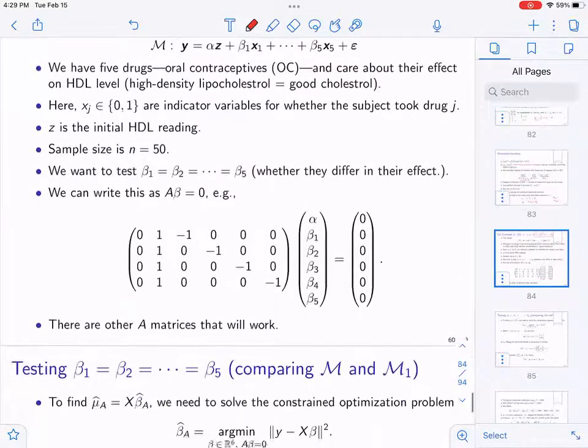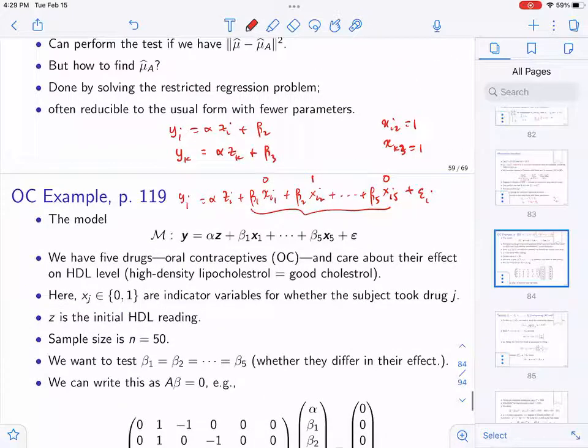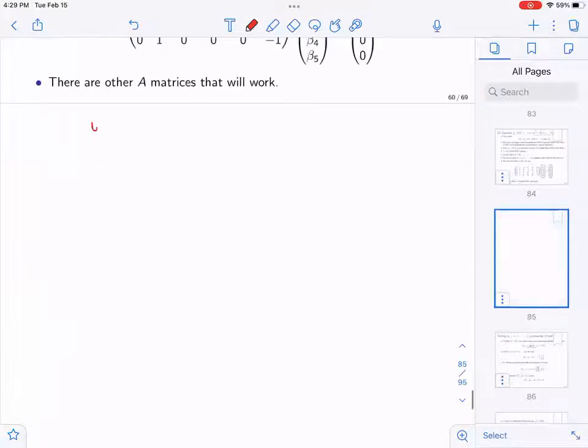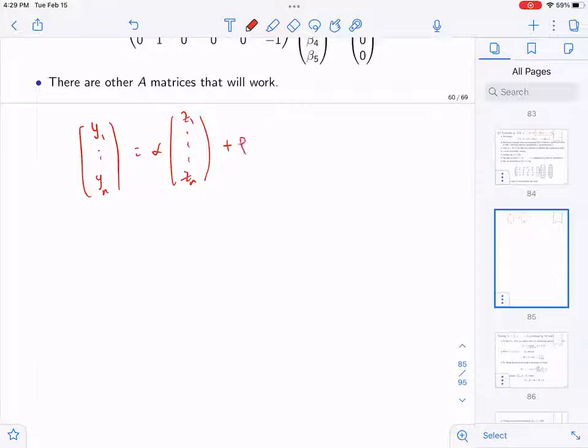So once you write this down, you have y1 up to yn, and then alpha z1 up to zn, and then I'd have beta 1. Let's say all the people that took drug 1, I'm going to order them to be indexed from 1 to, let's say, n1. They come first.